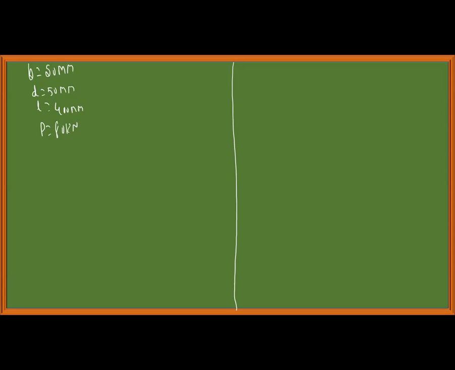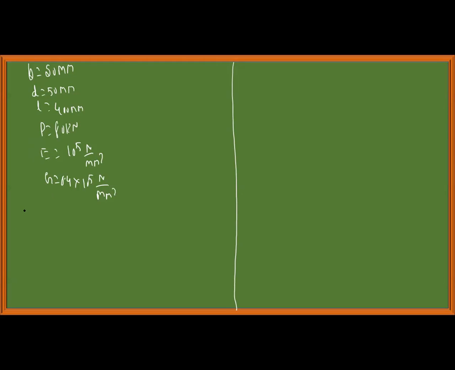If the modulus of elasticity is found to be 10 power 5 Newton per mm square, which is nothing but 100 GPa, and modulus of rigidity G is equal to 0.4 into 10 power 5 Newton per mm square, which is nothing but 40 GPa.